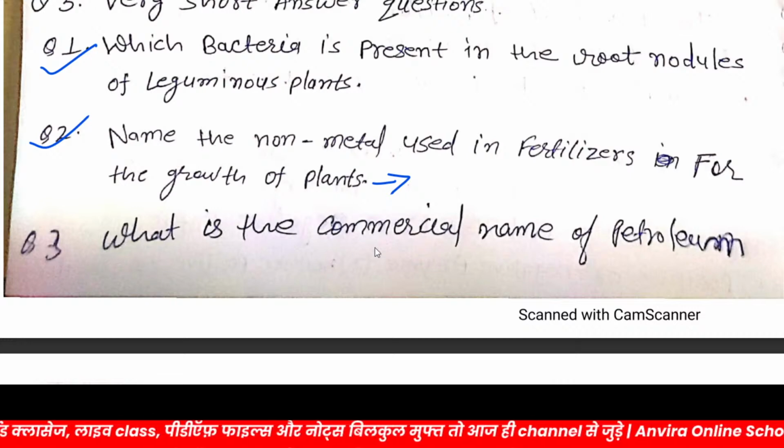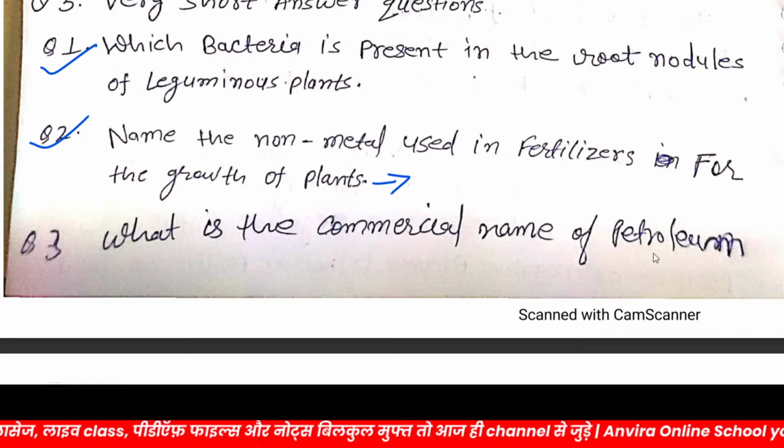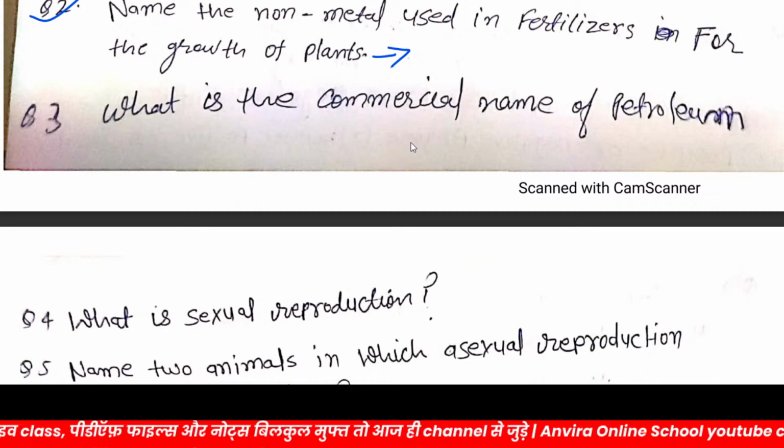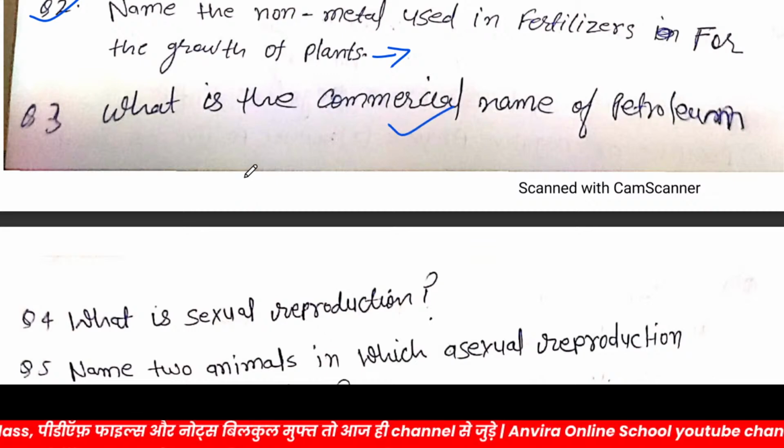Number 3, what is the commercial name of petroleum? It is black gold.